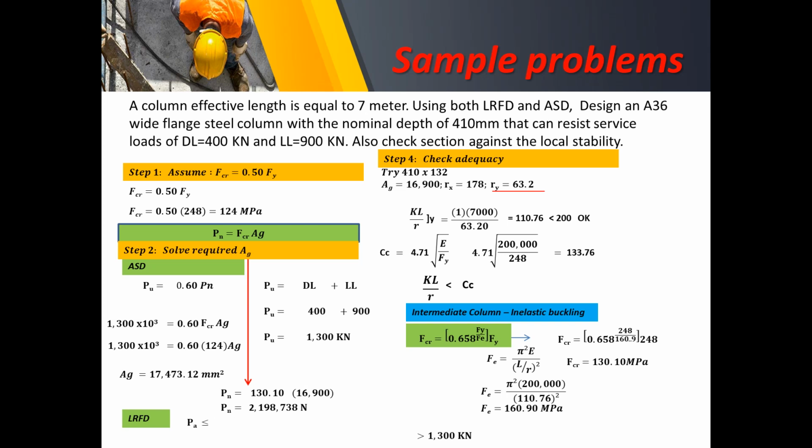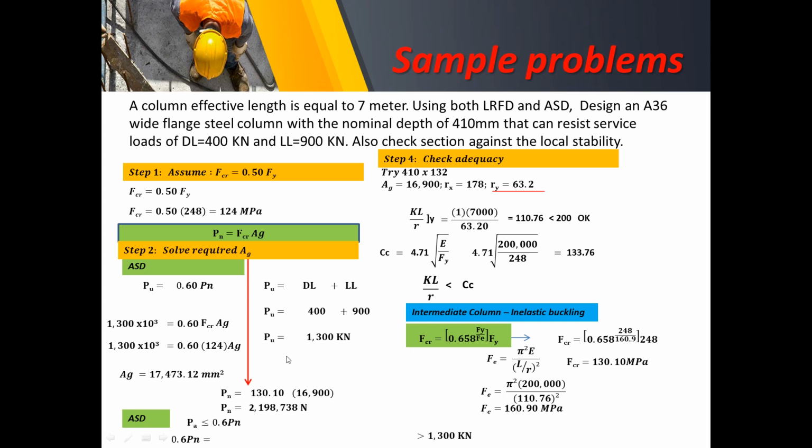What is different here is that ASD will be in terms of the allowable load, which is supposedly less than or equal to 0.6 of your nominal strength.